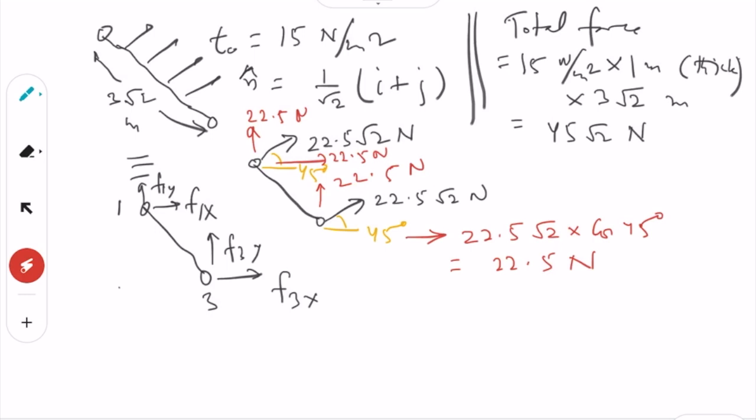So, we know that F3x is 22.5 now. Just to distinguish, we will say F3Tx coming from traction, F3Tx, F1Tx, F1Ty. So just to indicate that this is coming from traction.